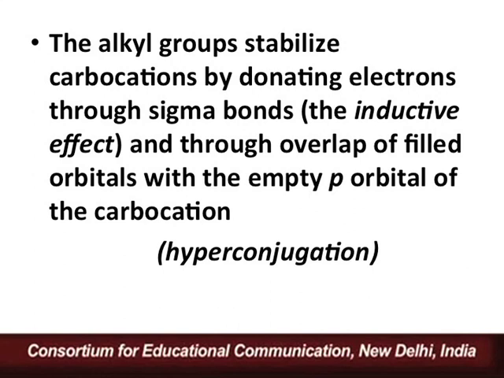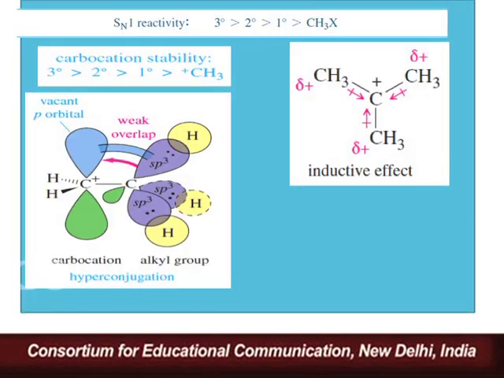The alkyl groups stabilize carbocations by donating electrons through sigma bonds, that is, through inductive effect, and through overlap of filled orbitals with the empty p orbitals of carbocation due to hyperconjugative effect.